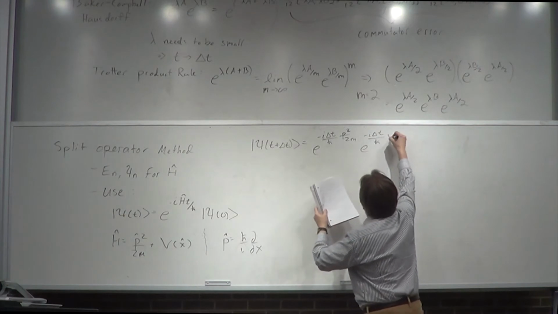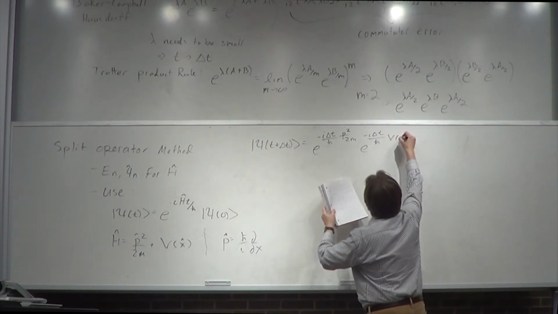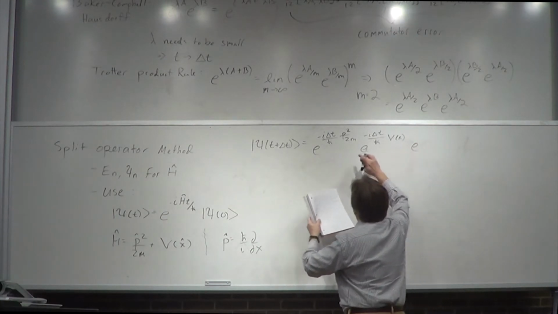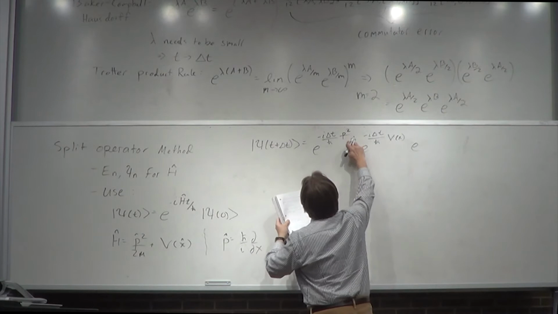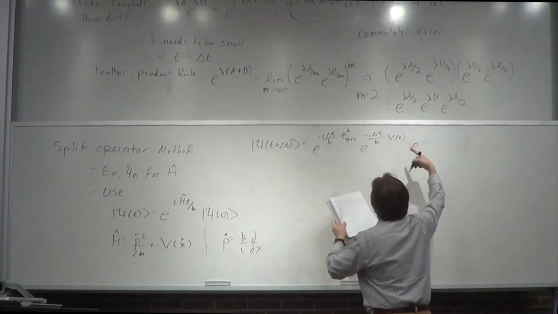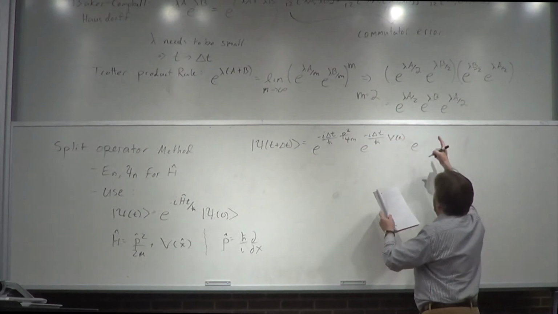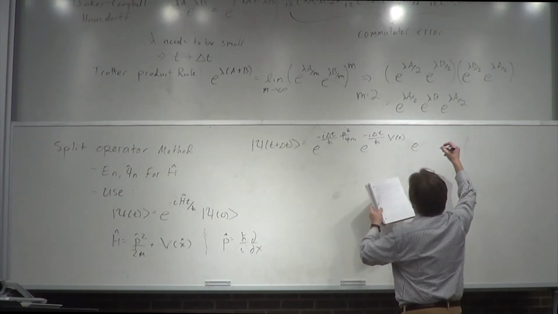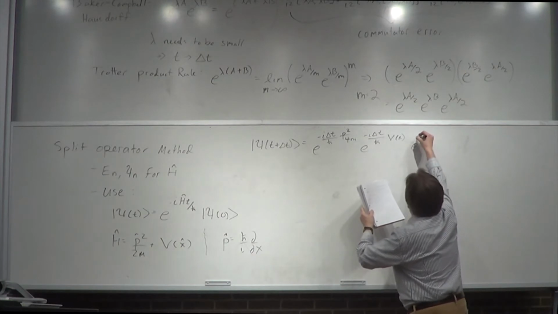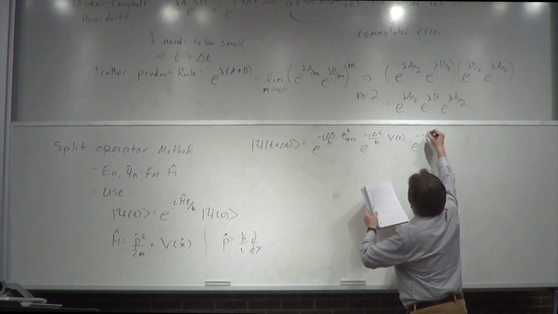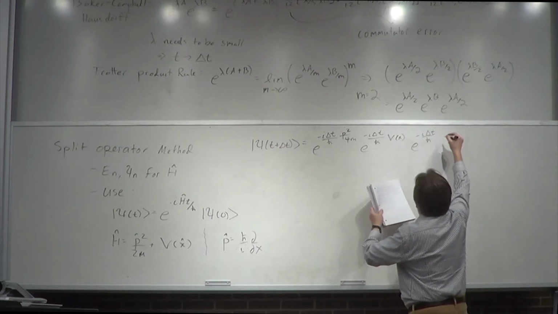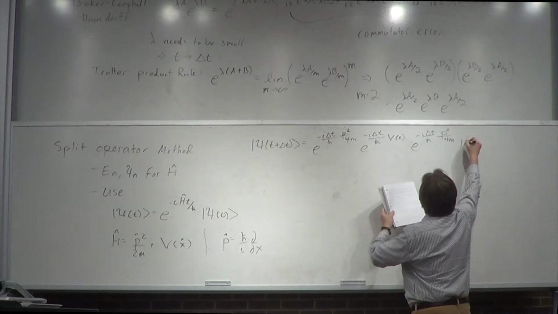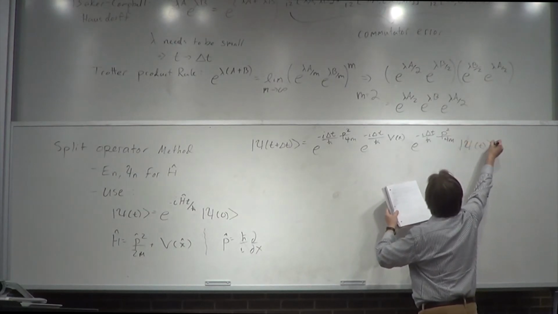I found that when I get confused, I need that. A is now P squared over 2m, but half, right? So lambda, of course, is minus i delta t over h bar. There you go. Minus i delta t over h bar, P squared over 4m, operating on the wave function at some present time t.